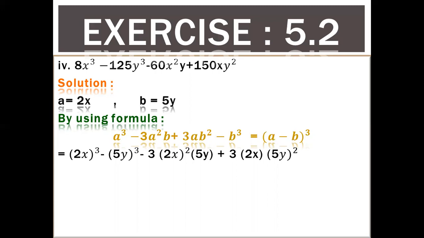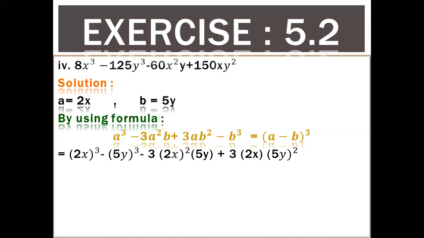It doesn't matter if you change the place of the variable, because in the question a cube and b cube are together, so that's why we write a cube minus b cube. Otherwise, if you want to write b cube at the end, it doesn't matter. It cannot change our formula. The formula will be same.